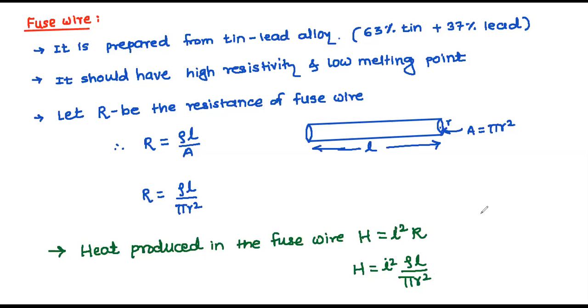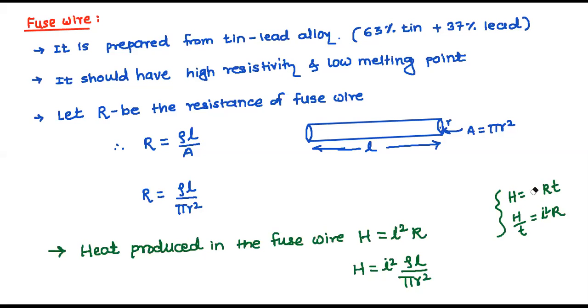So here we can say that this is heat produced per second, because we are having the formula H is equal to I square RT from Joule's law. Clear? But why am I not writing T here? Because this is H by T, that is heat lost or heat produced per unit time, which is equal to I square R. You can keep it small or big, that is not the issue.